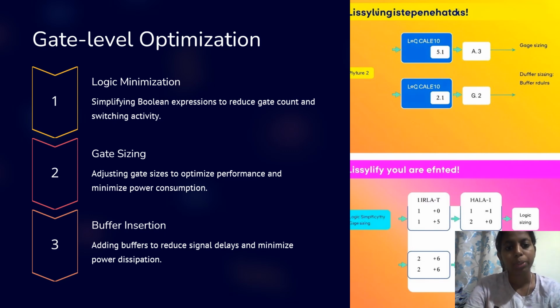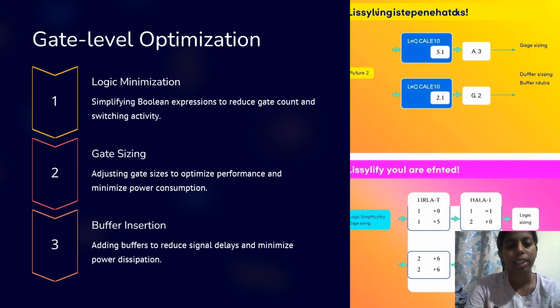If the gate count is high, then the power consumption will be more. So by reducing the gate count, gate level optimization can be done.